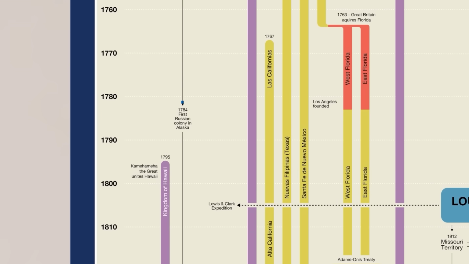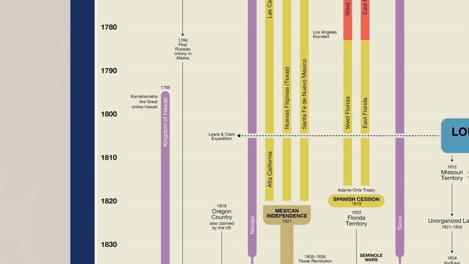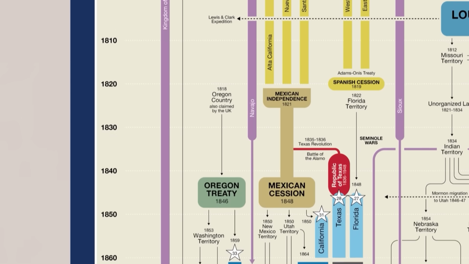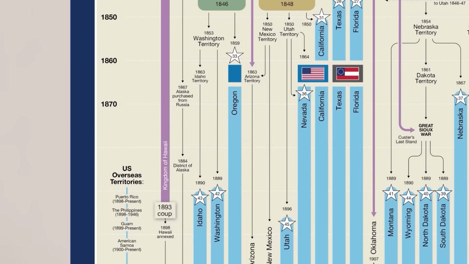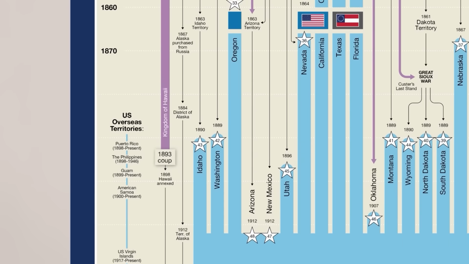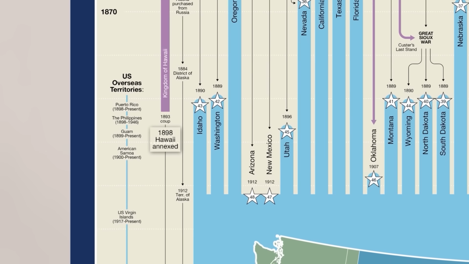Around the same time, the existence of the Hawaiian Islands became known to Europeans for the first time, but rather than it being colonized, a local ruler unified all the islands in 1795 and established the indigenous Kingdom of Hawaii. But then in 1867, the US bought Alaska from the Russians, and in 1893, there was a coup in Hawaii led by US settlers. That eventually led to the islands being annexed by the US in 1898.